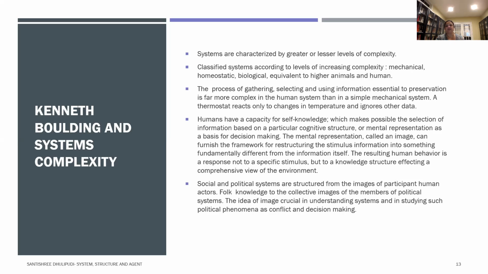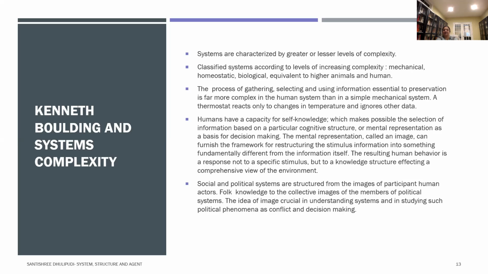The mental representation, called an image, can furnish the framework for restructuring stimulus information into something fundamentally different from the information itself. The resulting human behavior is a response not to a specific stimulus, but to a knowledge structure, affecting a comprehensive view of the environment.